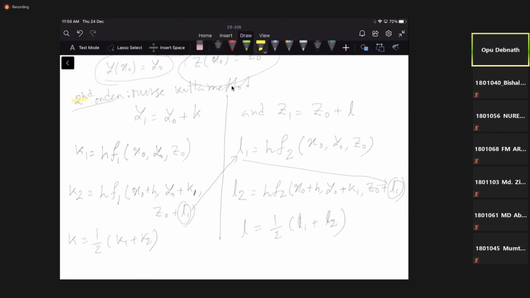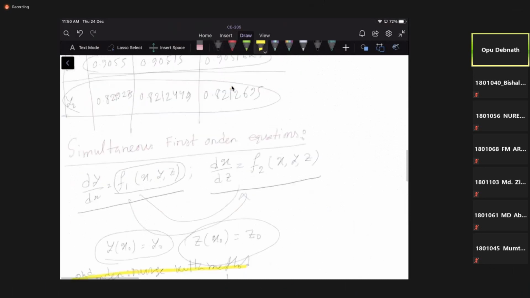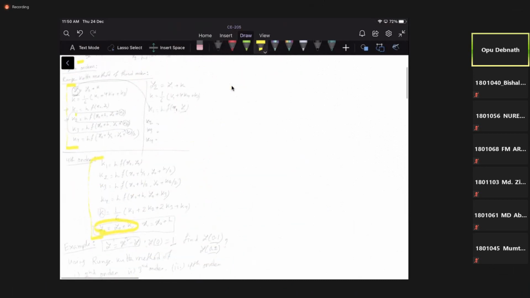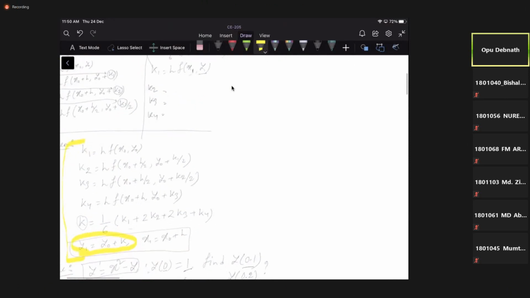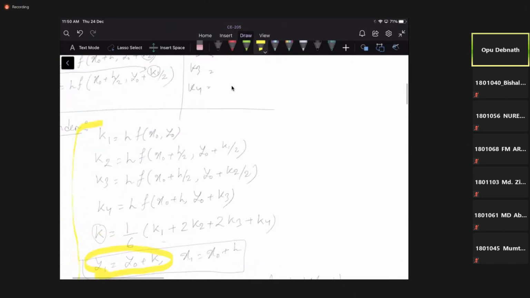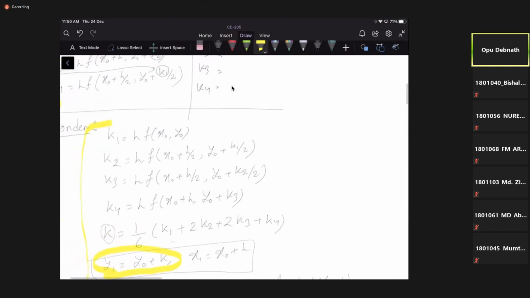And if you go for the higher orders, that means third order and fourth order, the equations will be similar. Suppose for fourth order, if you are going to solve for y, you will need to consider f1 of x0, y0, and z0. Similarly, an additional part will be added here; this is a function of x, y, z, and while you are using k1, the corresponding L1.